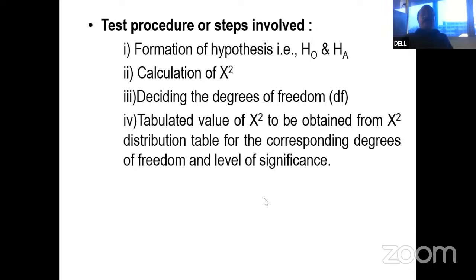For the alternative calculation of chi-square, we use the test statistic, degrees of freedom, and tabulated chi-square value, and compare the calculated chi-square value with the table value. This is the procedure we have to follow.